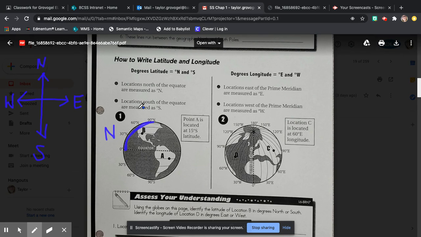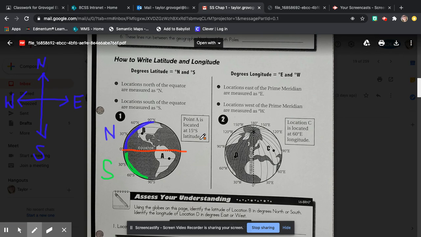Now it says locations south of the equator are measured as S or south. So if you have another color, you can kind of do one of these. So all of these are south because our equator is smack in the middle. Okay, so here's our equator. It separates our north and our south.